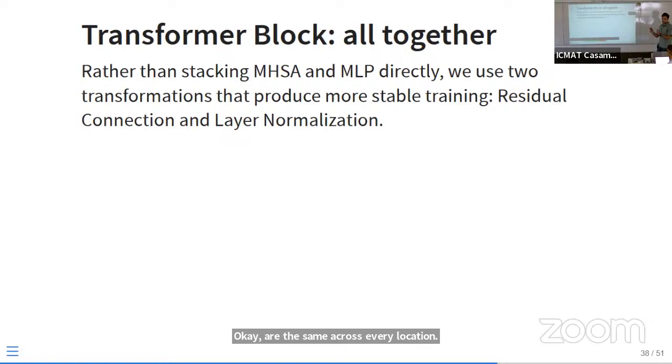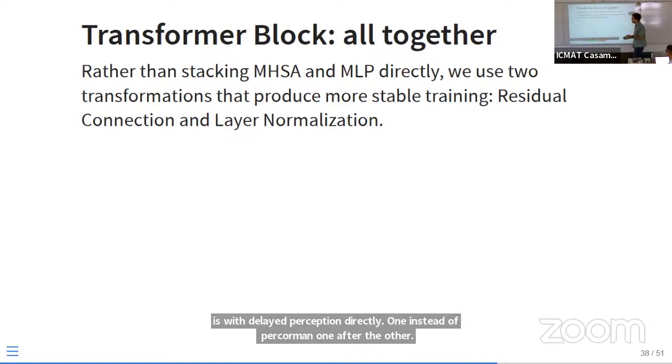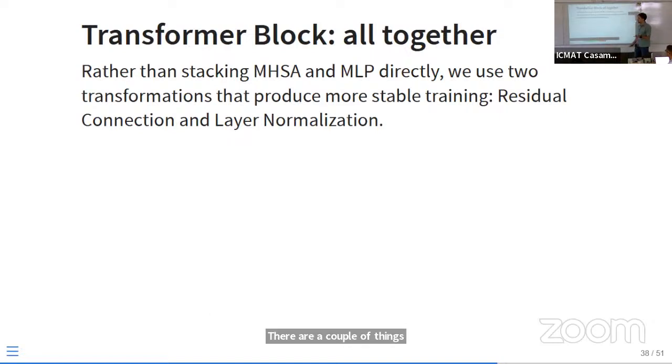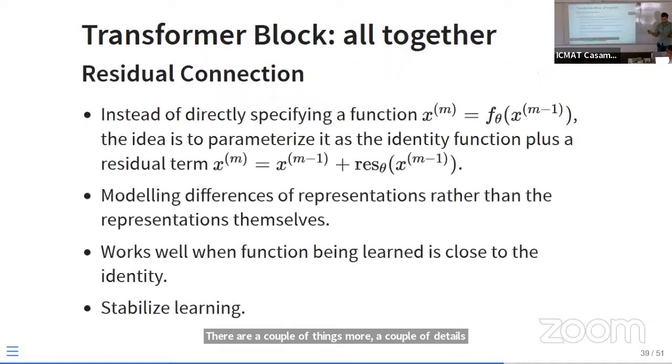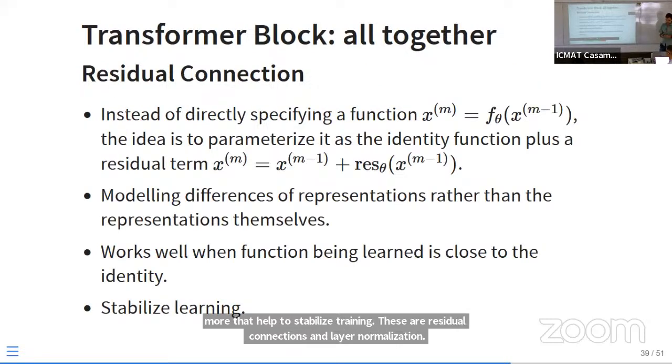Okay, so we have those two steps, but rather than stacking the multi-head self-attention mechanism and the multi-layer perceptron directly, one after the other, there are a couple of details more that help to stabilize training. These are residual connections and layer normalization. What is a residual connection? Well, let me give you the intuition.